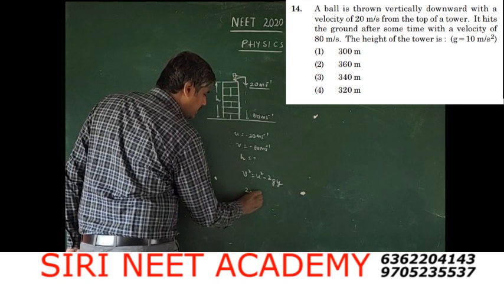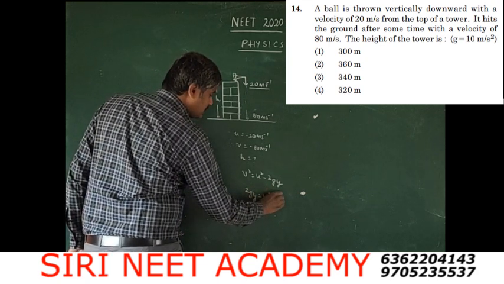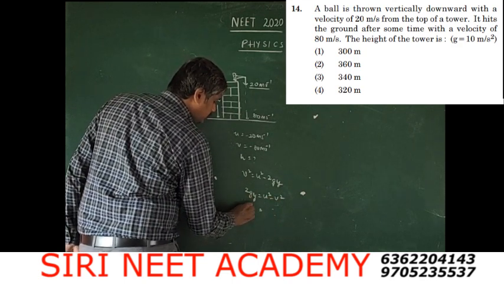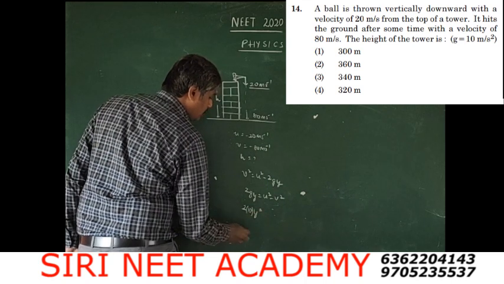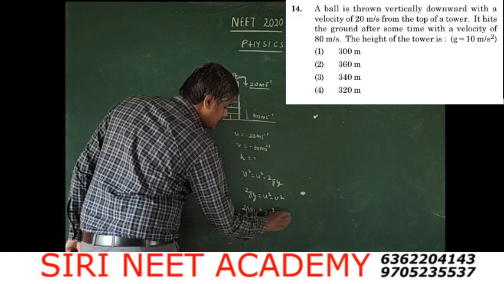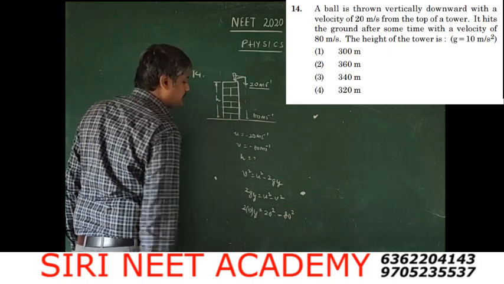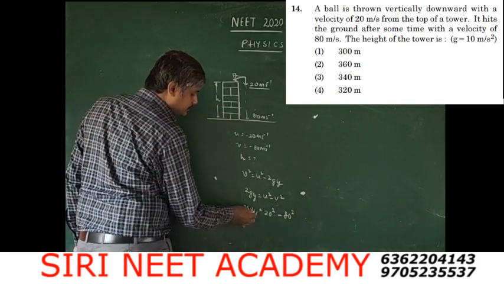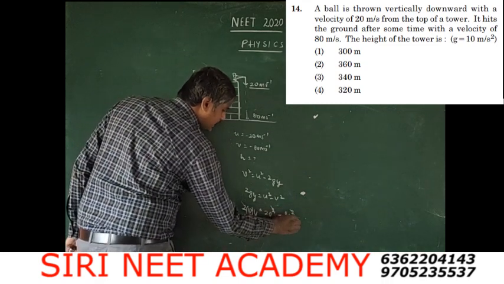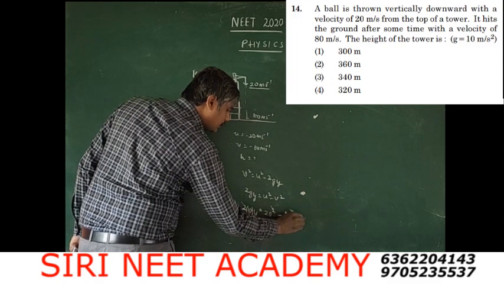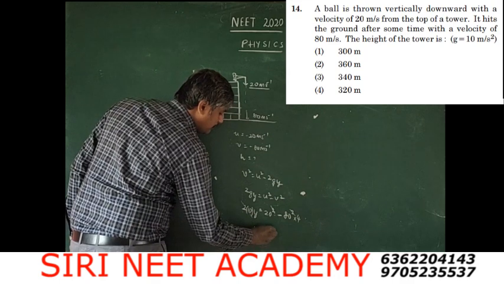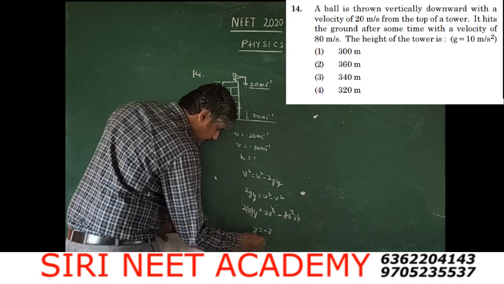So 2gy is equal to u square minus v square. So that is 2 into g 10 into y equals 20 square minus 80 square. Substitute the signs. Then 2 tens are 20, and 20 square minus 80 square gives 400 into 1 minus 16. Solving this, y is equal to minus 300 meter.